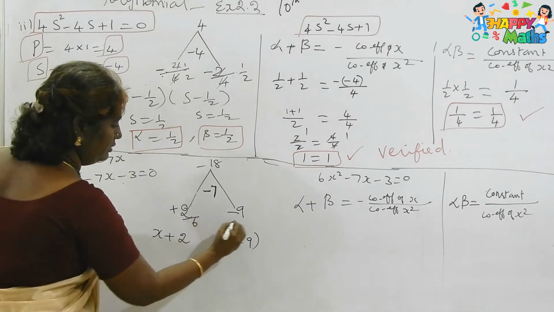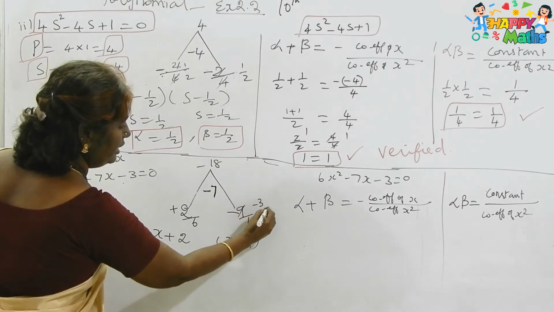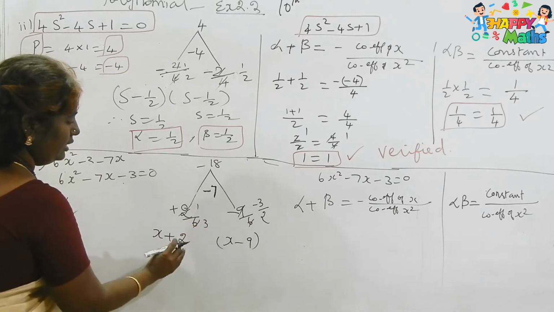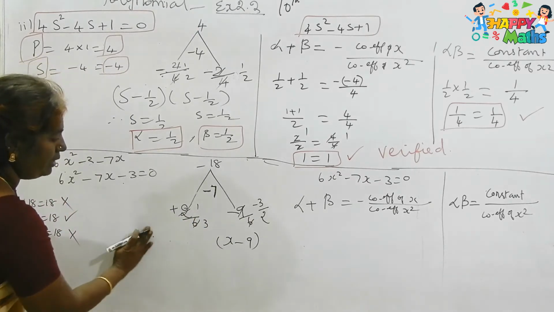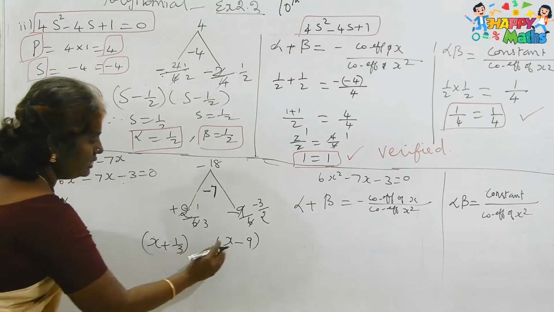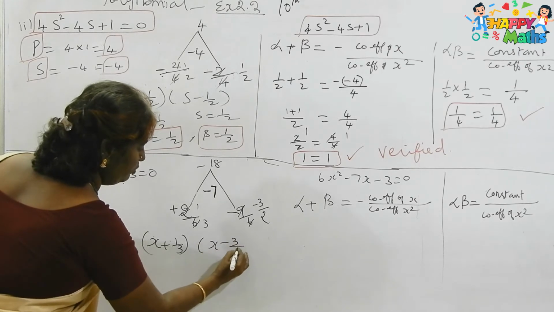Now see, when I divide, it will become minus 3 3s are 9, 2 3s are 6. Here it is 1 2 is 2, 3 2s are 6. Now it will not be x plus 2, it is x plus 1 by 3. This is not x minus 9, this is x minus 3 by 2.